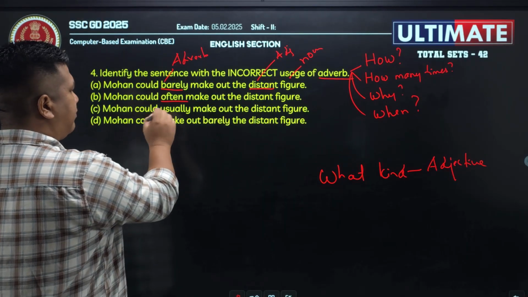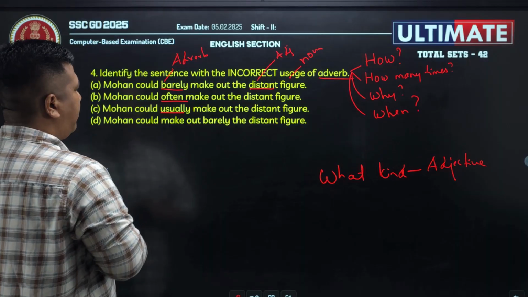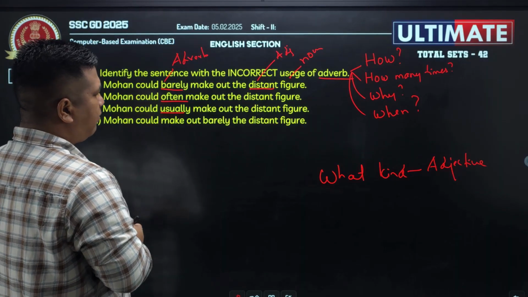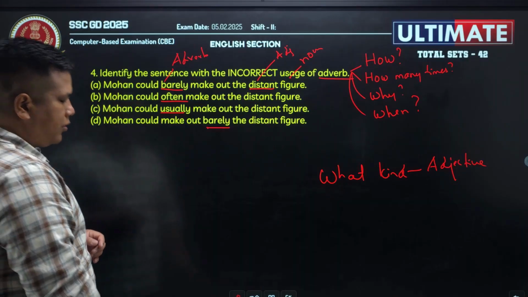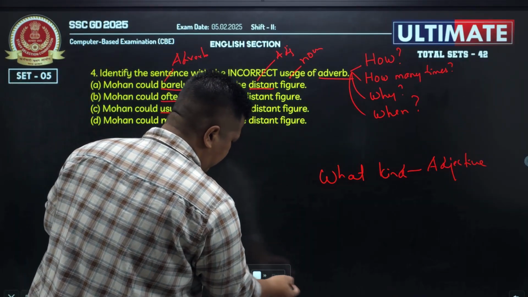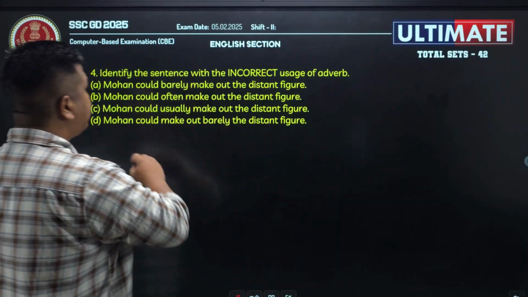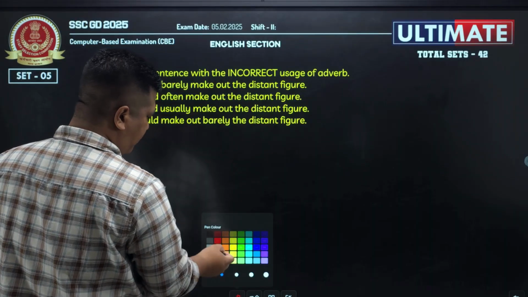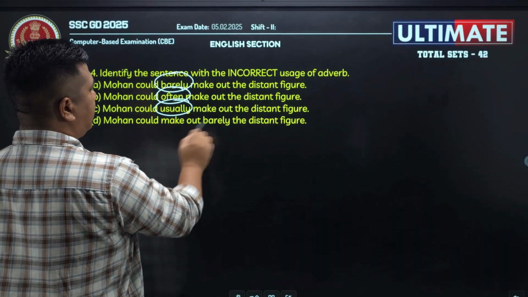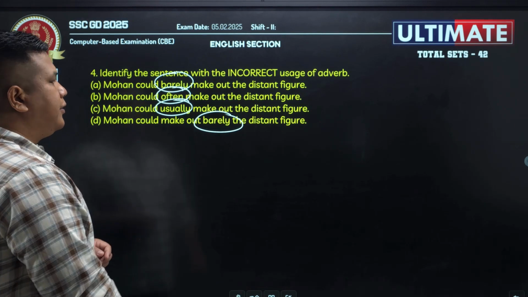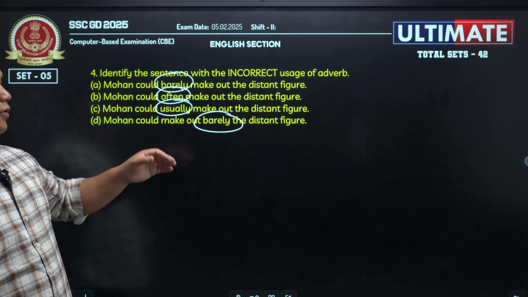Again, how many times? Usually. D, Mohan could make out barely. How? Barely again. So these are our adverbs in the sentences. Let us circle the adverbs: barely, often, usually, and barely again. These are the 4 adverbs from the 4 sentences.